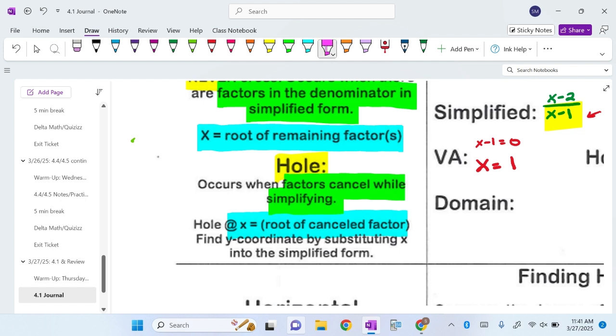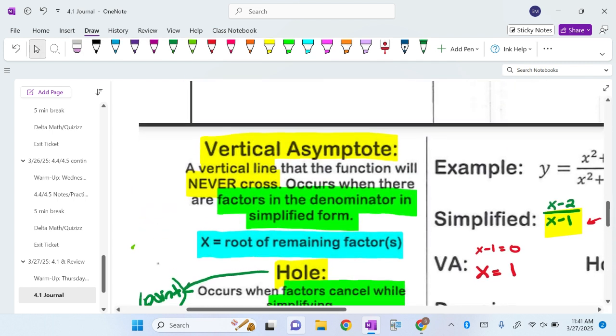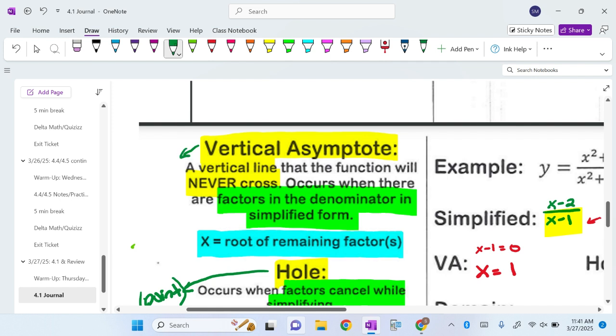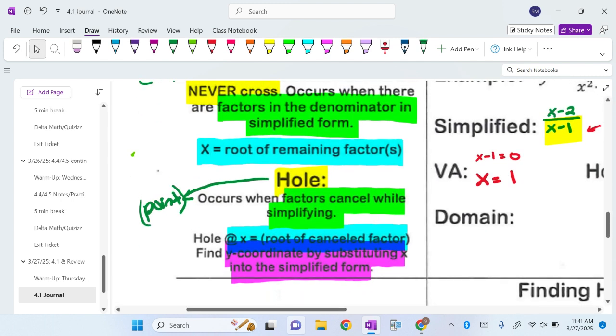The y value comes from substituting x into the simplified form. The biggest thing to note with a hole is that a hole is a point, point (x, y). Your vertical asymptote is a line. So that's the difference between the two. The hole is a point. The vertical asymptote is a line. The x value of the point comes from the factor that we canceled out.